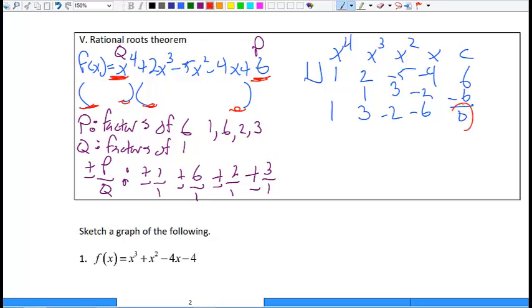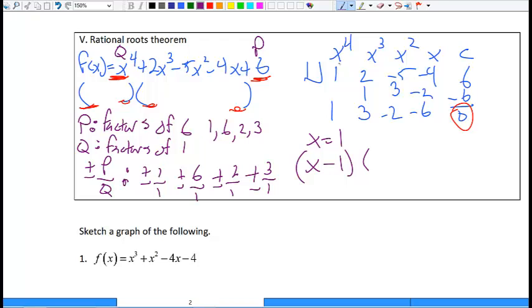Okay, so that says that whatever I plugged in was actually a root. So I used 1, which means that if x is 1, the factored form is x minus 1.